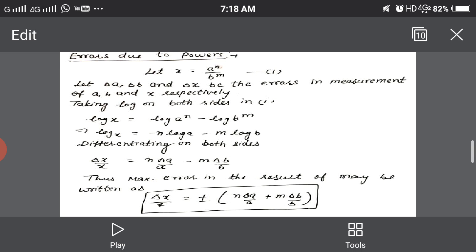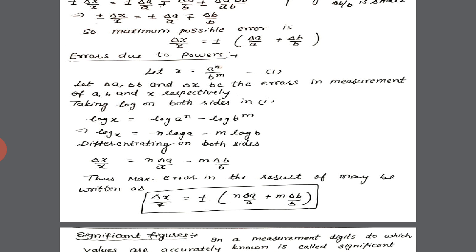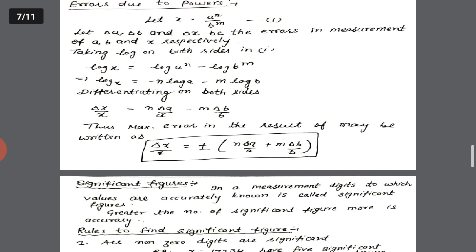Okay, so differentiating on both sides, another new term for you, the maximum error in the result of x may be written as delta x upon x equal to plus minus n times delta a by a plus m times delta b upon b.